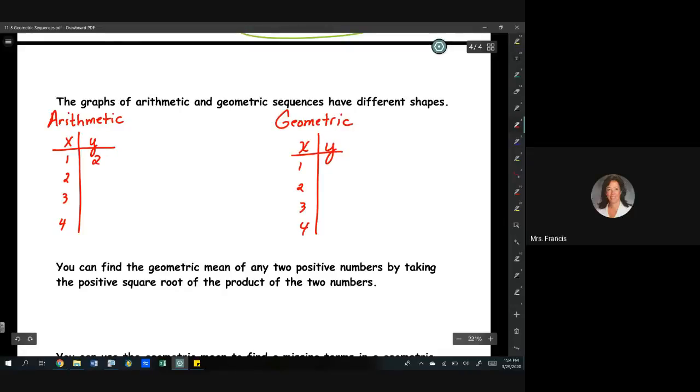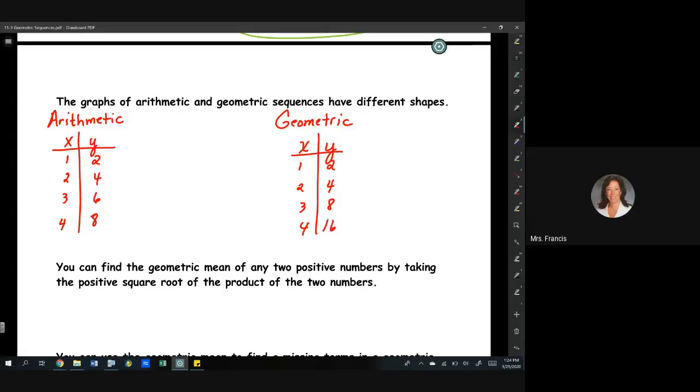All right, starting both of them with 2, I'm going to make my common difference in my arithmetic example 2. So 2 plus 2 is 4, 4 plus 2 is 6, 6 plus 2 is 8. For my geometric sequence, I'll start at 2 and I'll make my common ratio 2. 2 times 2 is 4, 4 times 2 is 8, 8 times 2 is 16.